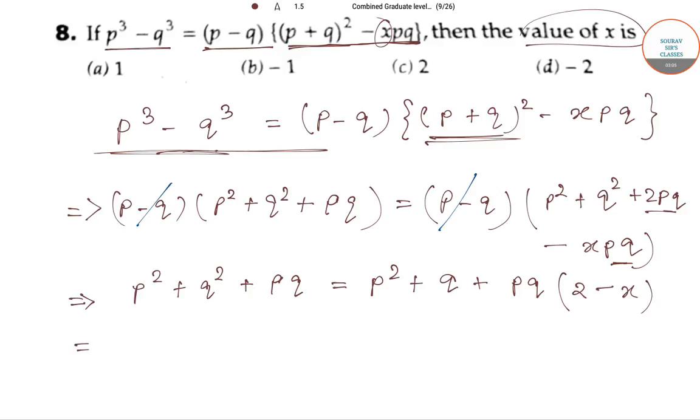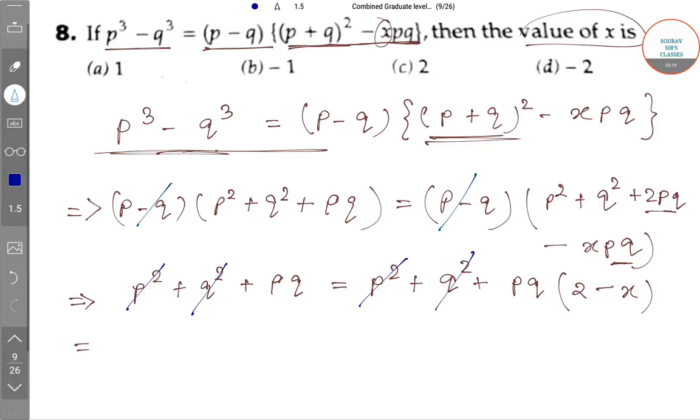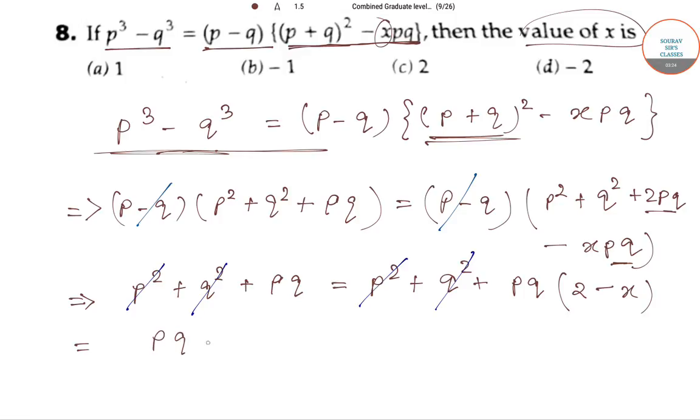Now in the next step, we can eliminate p square and q square. Then we will have only pq equals pq whole into (2 minus x).